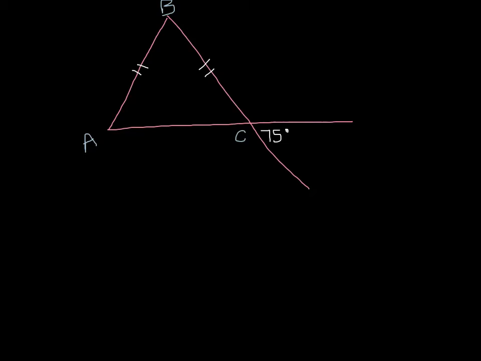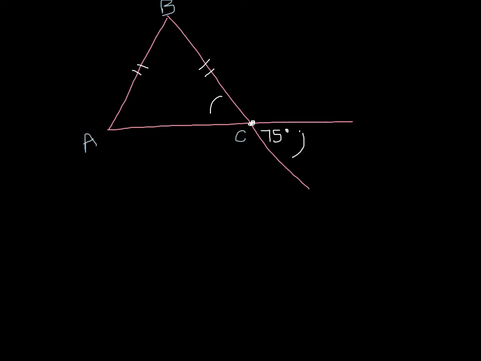This is an example of number 18 on your mental math workout 12. And it reminds you that vertically opposite angles are congruent and that this triangle is an isosceles triangle. Now when it says vertical angles are congruent, it's talking about these two angles that open from the C vertex here in opposite directions.